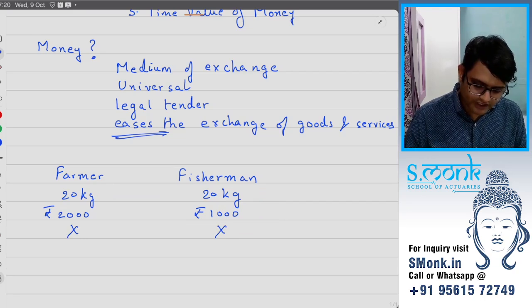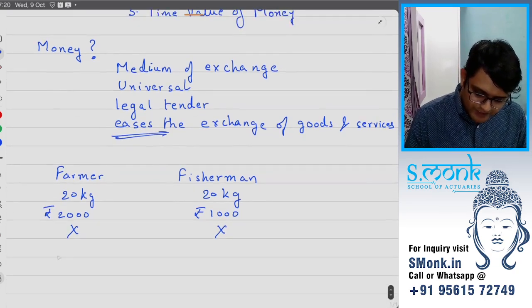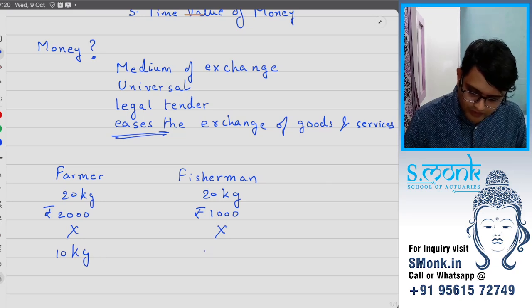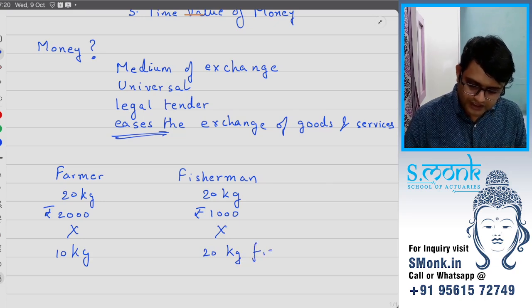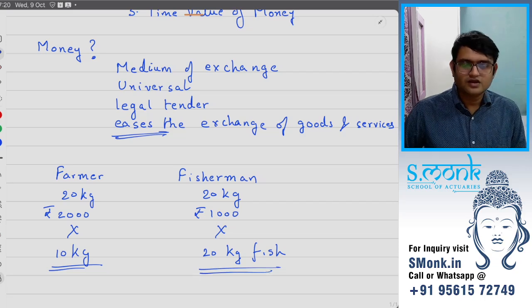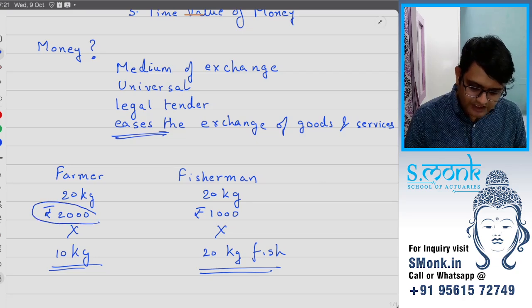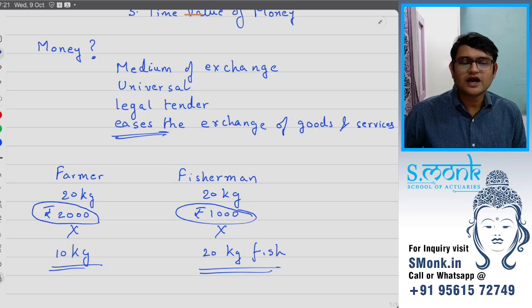The fisherman can say that I will give you 10 kgs of wheat for 20 kgs of fish. They can just exchange this 10 kgs of wheat for 20 kgs of fish, and they both will agree. But this currency, this money, was used so that we can understand the value of goods.